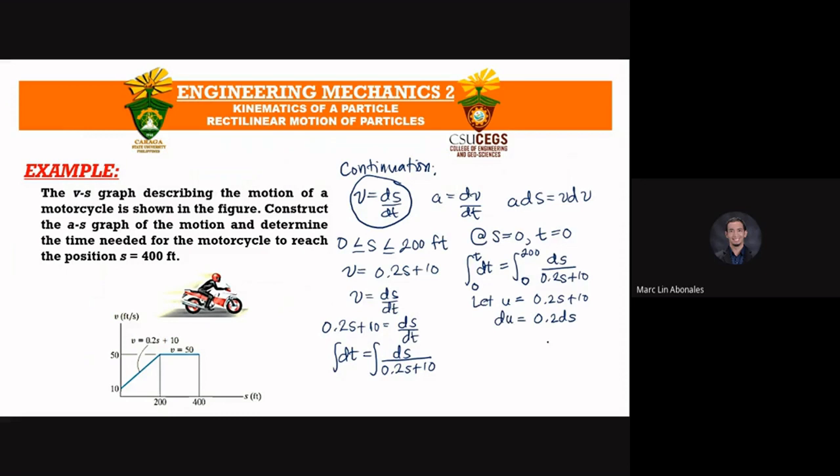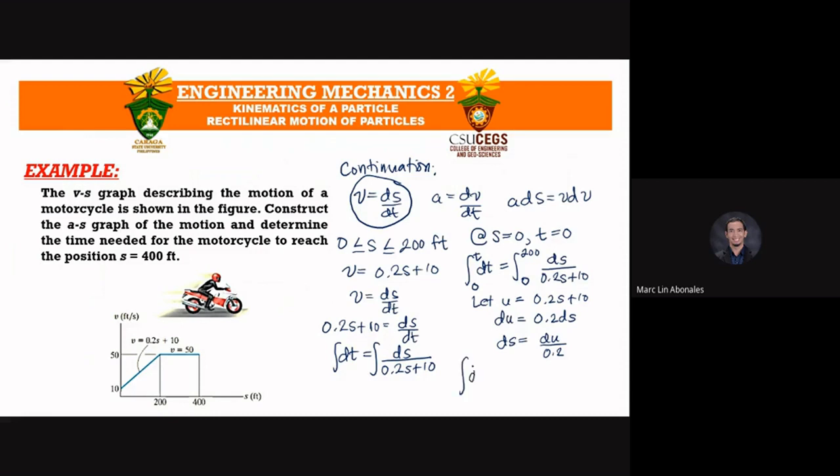So the equivalent of ds is du over 0.2. This is the one that we will substitute in the ds in our equation.